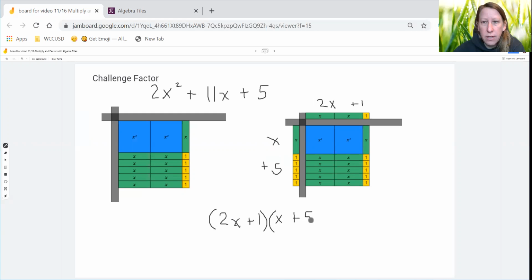Yeah, that's the answer. Those are the sides of my rectangle. So if I ask you to factor this, this is the answer I'm looking for, because this is the sides of the rectangle.